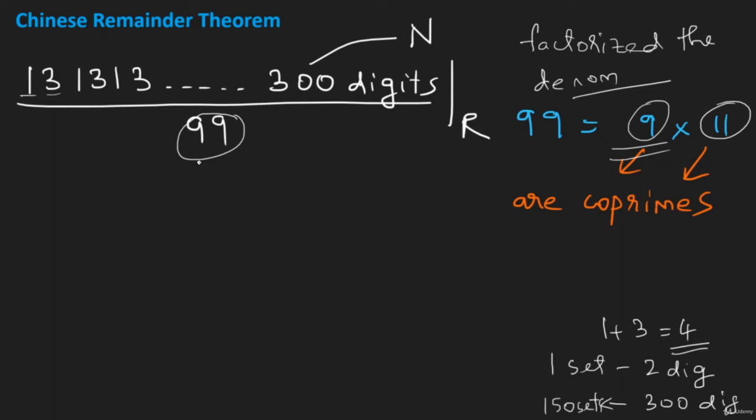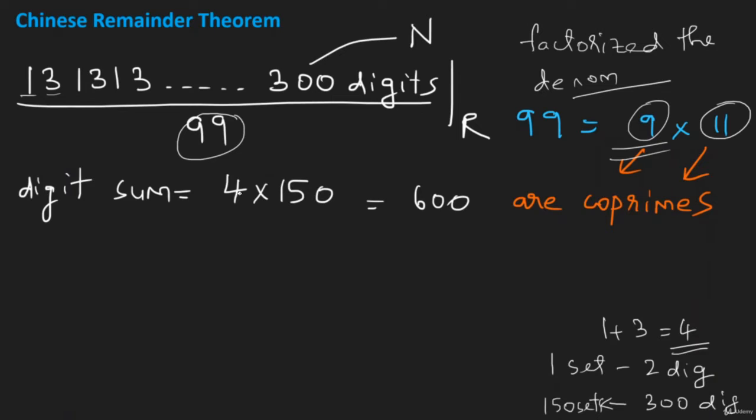right? So the digit sum of this number is equal to 4 into 150. Every set, the digit sum is 1 plus 3, that's 4, and you have 150 such sets. So the digit sum is 4 into 150, that's equal to 600. Now if you add the digits in 600, 6 plus 0 gives you 6. So the digit sum over here is 6.